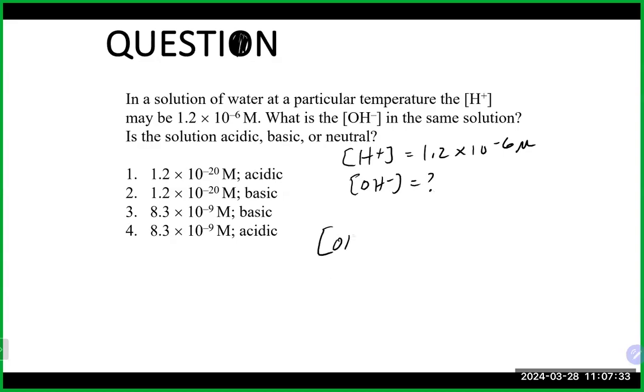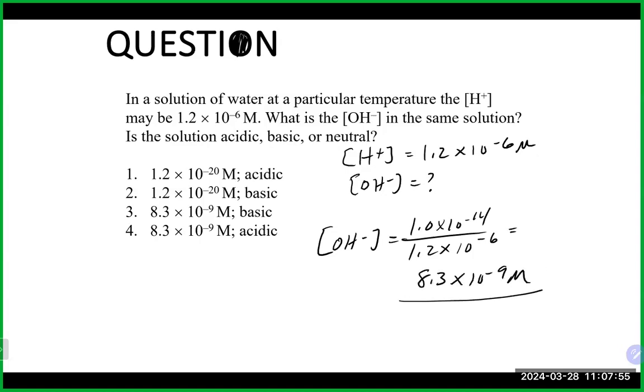So once again, our OH minus will equal our Kw, which is 1 times 10 to the minus 14, divided by our H plus, which is 1.2 times 10 to the minus 6. The good news is it's the same calculation regardless of which one you're given. If you do all that, you should end up with 8.3 times 10 to the minus 9 molar as your concentration.